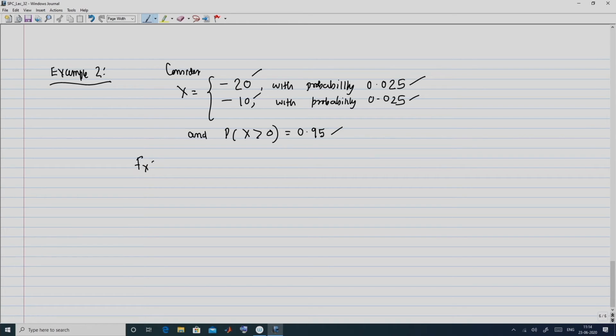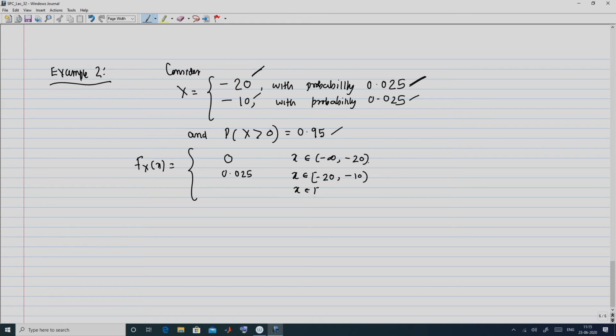Okay, then what is going to be my F_X of x? So, you see if your x is strictly less than -20, then the probability is going to be 0. So, F_X of x is going to be 0. When your x lies in the interval from -20 to -10, but excluding -10, then the cumulative probability is going to be 0.025.